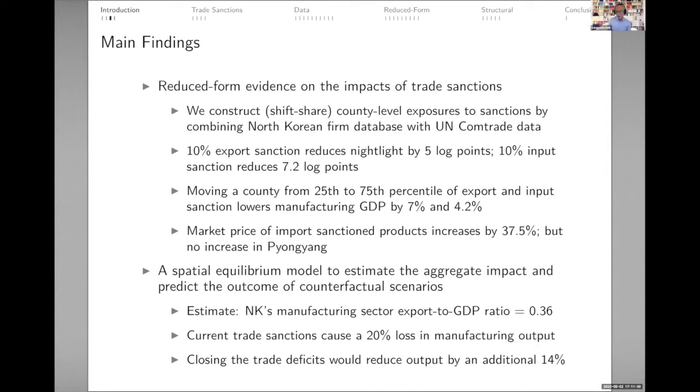Looking at the market price data, we find that for the products that were import sanctioned, the price increases significantly, by about 37.5 percentage points. We don't find a significant increase in export sanctioned products, but we do find that the price increase among the import sanctioned products is mostly observed in markets outside Pyongyang, and basically there is no increase of market price inside Pyongyang.